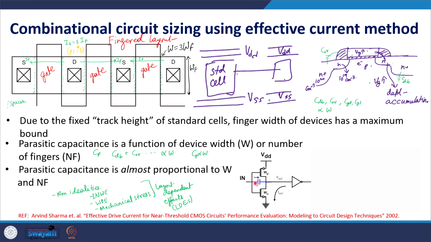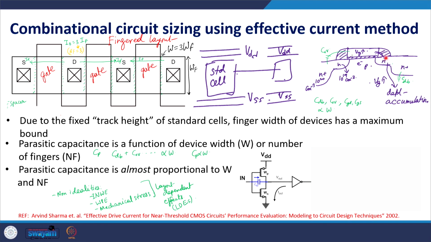And what about this gate to drain capacitance? Where is it? Suppose this is drain. The gate to drain capacitance is the overlap capacitance. It could also be because of the channel if the device is not in saturation, but if the device is in saturation, it is purely an overlap capacitance, gate to drain.